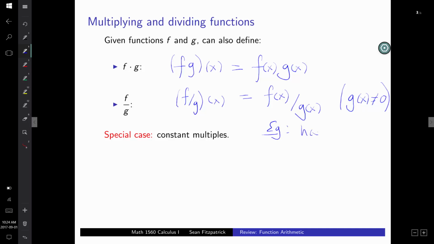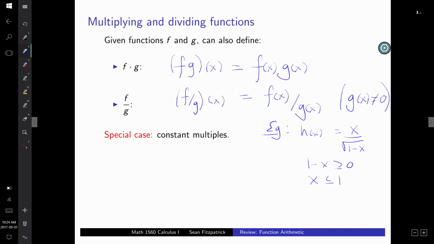So if I had, for example, let's say h of x is x over the square root of 1 minus x. Well, the number under the square root can't be negative, so that means that 1 minus x has to be greater than or equal to 0, so x has to be less than or equal to 1.